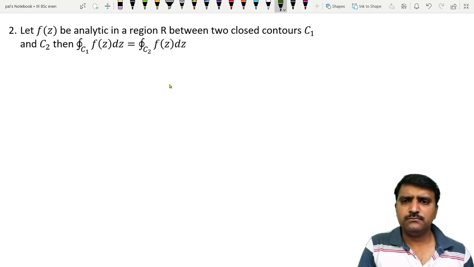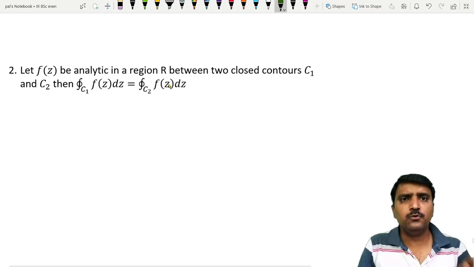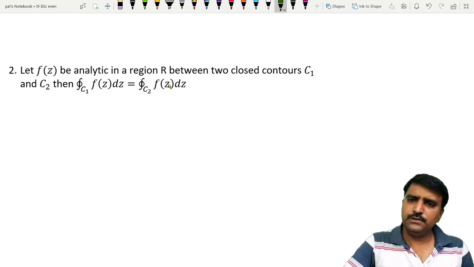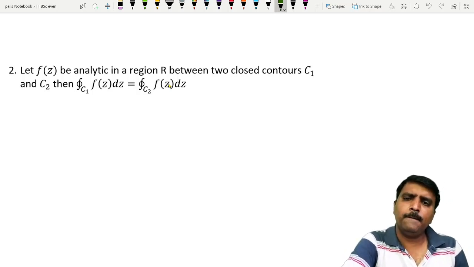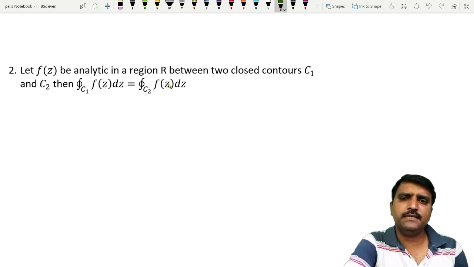So if f of z is analytic in the region R, and we take two closed contours, the integration of f of z dz over C1 is the same as the integration of f of z dz over C2.